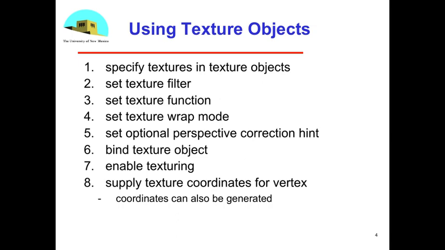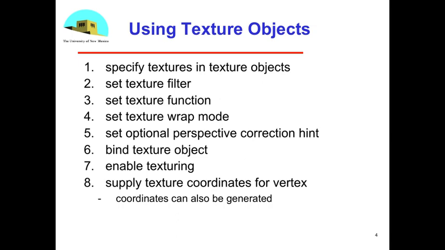Then we do a bind to say this is now the present texture object, and if we have to do enabling, we'll enable that and select the active texture. And then on the application side, in the JavaScript file and with the definition of the polygons, we're going to set the texture coordinates as we talked about in the previous lecture.